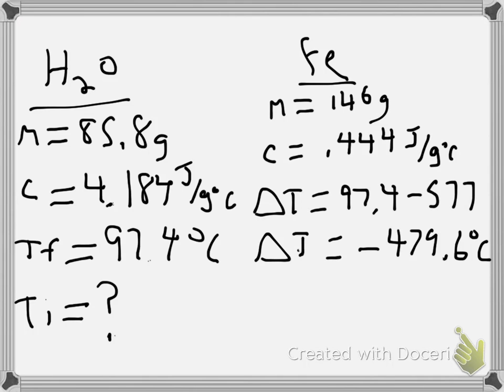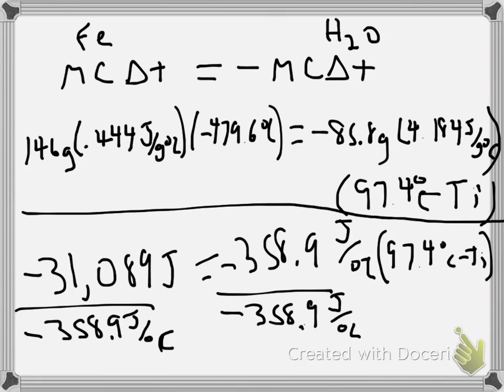And so now we're going to set the Q equals negative Q equation. So on one side I have the Fe, on the other side I have the H2O.